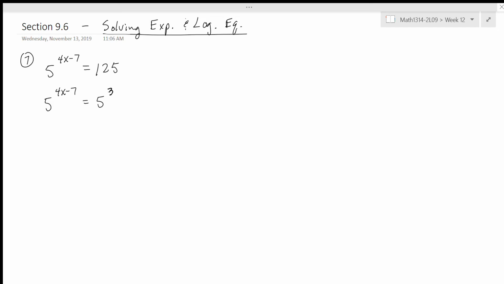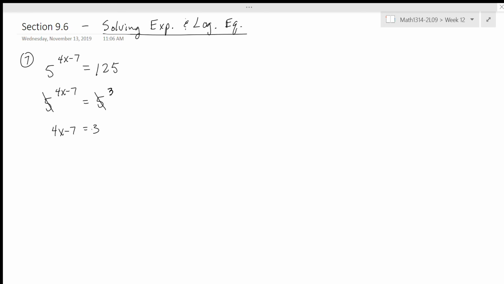Okay, so therefore, where we get the name from, the method of common bases, we're going to have the same base. And I think at one point in this class I said if the bases match, they cancel. So if the bases match, they cancel. And we're left with 4x minus 7 equals 3. And then you can solve from there. Should be a piece of cake from there.